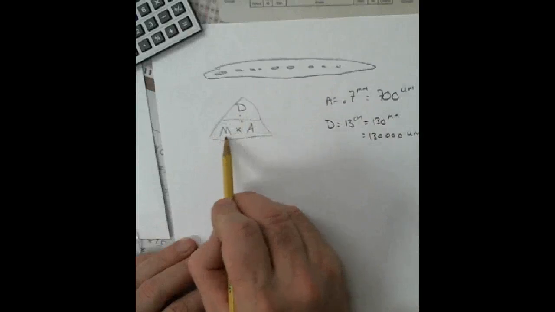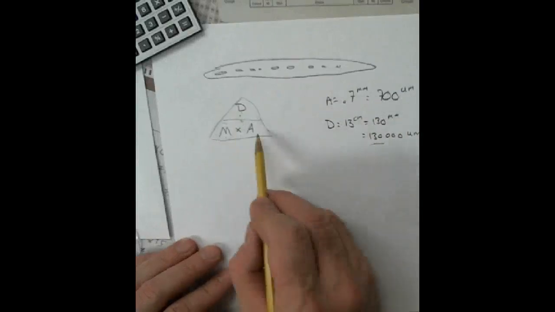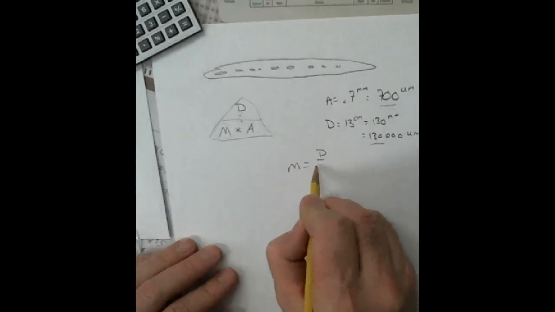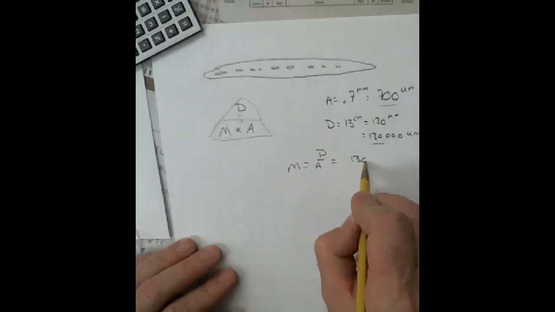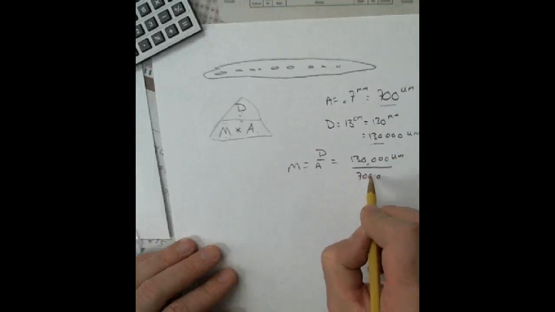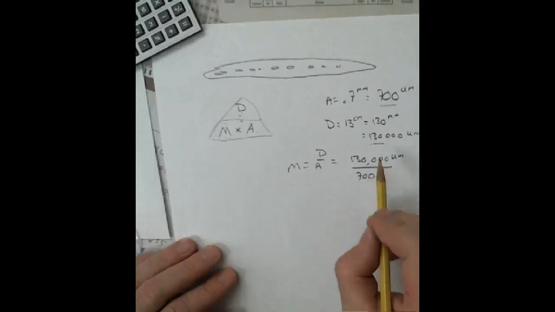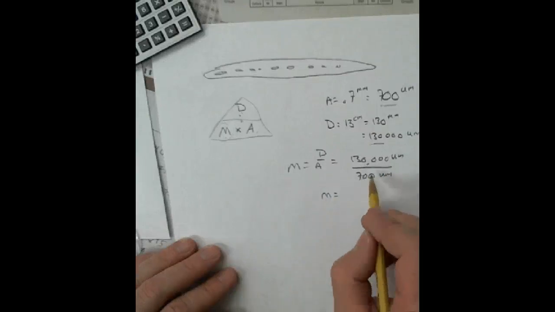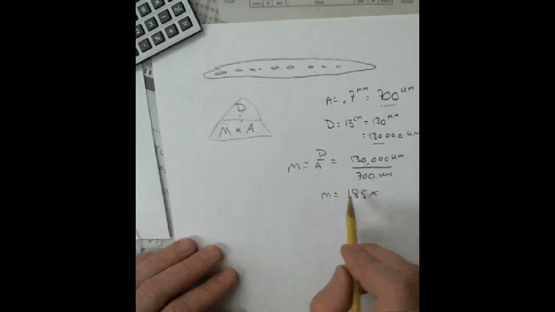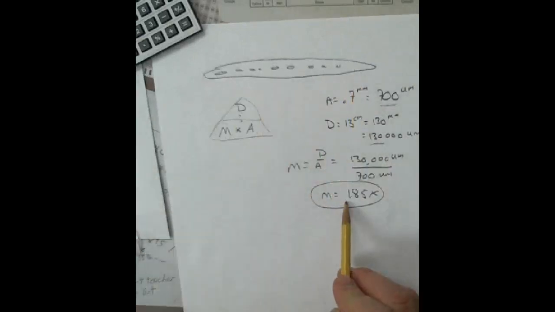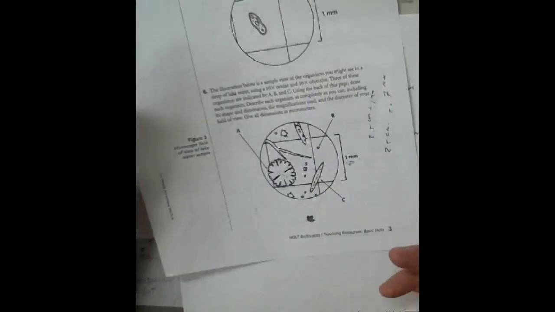We're looking for magnification. We have our drawing size here, we have our actual here, so we divide by 700 micrometers. We know now that our magnification is 185x. So this drawing is 185 times larger than one of these organisms that we were able to view under the microscope.